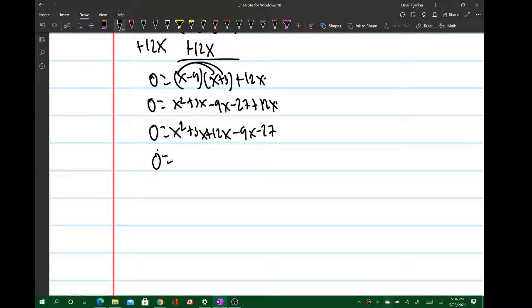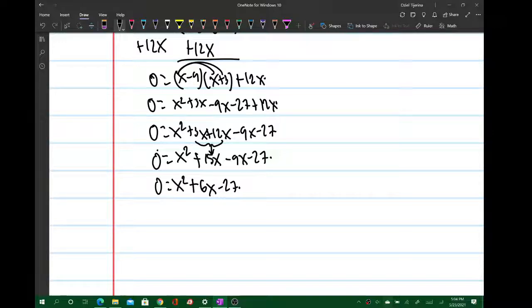This is equal to 0 equals x squared, and then plus 6x, that's what this gives us, minus 27. Then we have 0 equals x squared plus 6x minus 27.